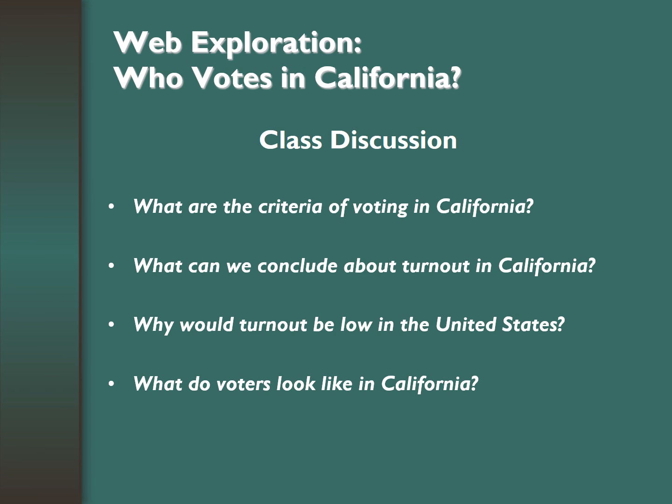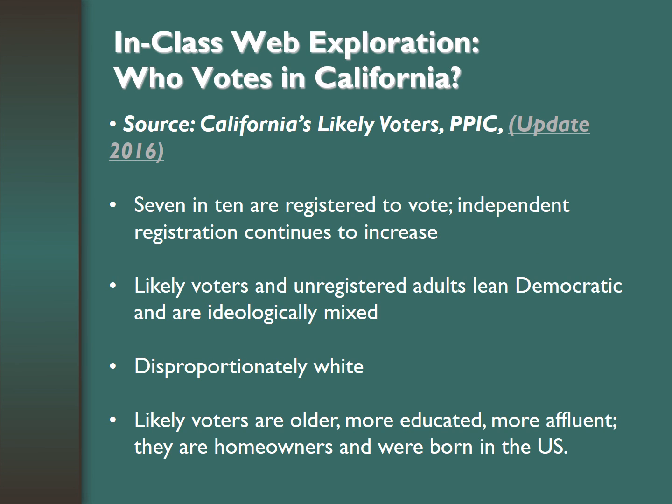So what do voters look like in California? I'm going to spend some time talking about this in the next slide. So if you take a look at California's likely voters, and you've read this article, for those of you who did the extra credit, 7 in 10 of Californians are registered to vote, and independent registration continues to increase.